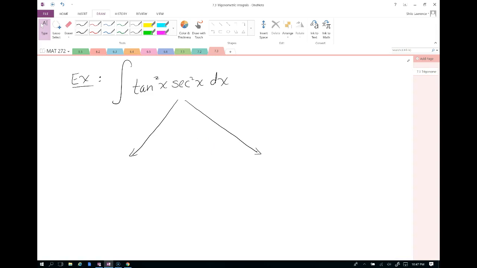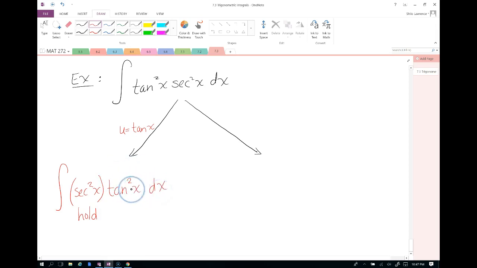So if I were to do a u substitution for tan, that means I would need to make sure that I hold on to a secant squared, and I would want all of the rest of my functions written in terms of tangent.